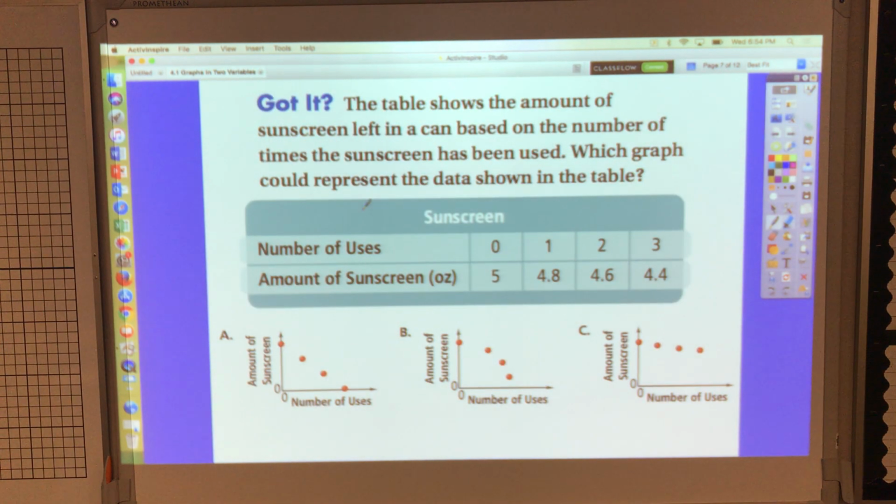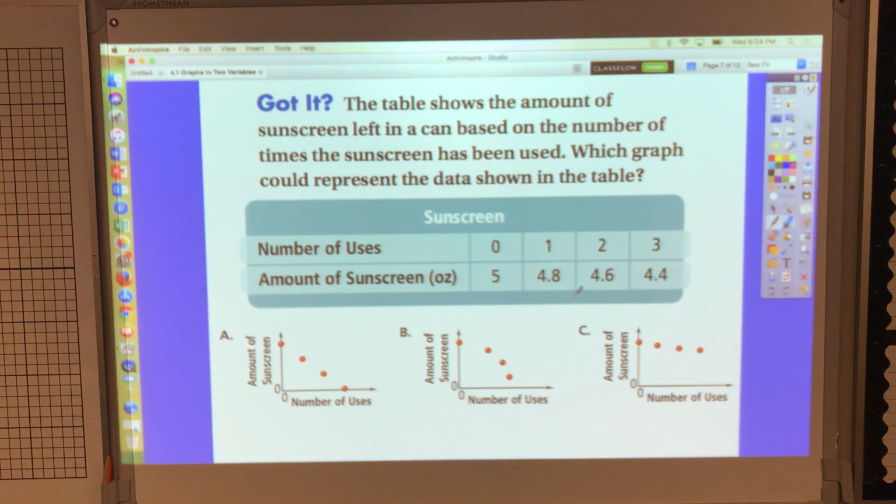The table shows the amount of sunscreen left in a can based on the number of times the sunscreen has been used. Which graph could represent the data shown in the table? So what's happening in this table? Where number of uses is zero, when it's not used, we know that there's 5 ounces in the bottle. So every one of these starts up at a certain amount.